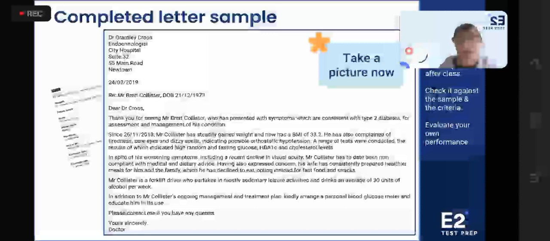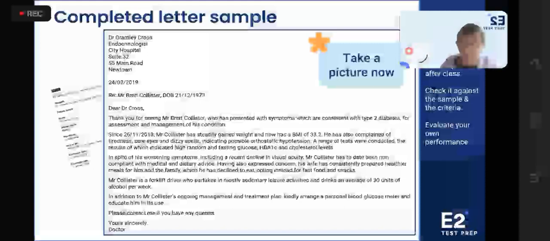Mr. Collister has to date been non-compliant with medical and dietary advice, having also expressed concern his wife has consistently prepared healthier meals for him and the family, which he declined to eat, opting instead for fast food and snacks. Lifestyle disease, we need to say what he puts in his mouth. We've got his lifestyle and drinking.